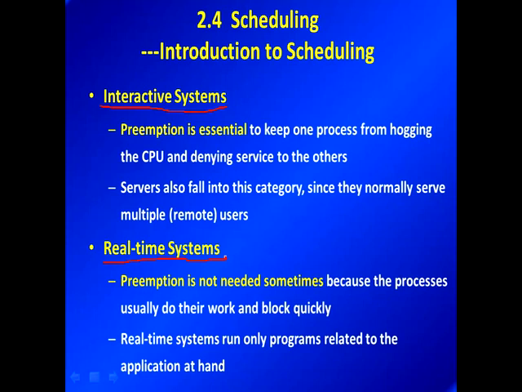For real-time systems, we can divide them into hard real-time systems and soft real-time systems. In hard real-time systems, the deadline must be met. You must finish your jobs before the deadline.